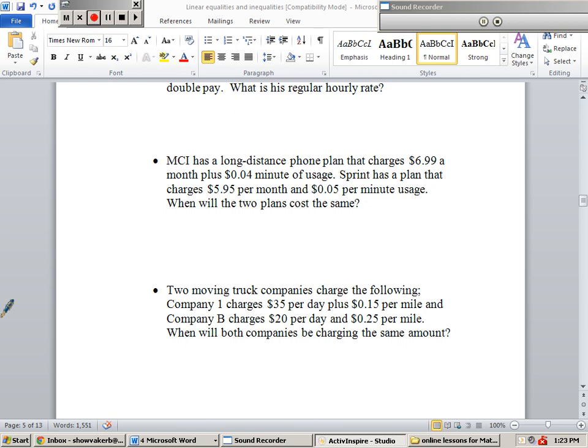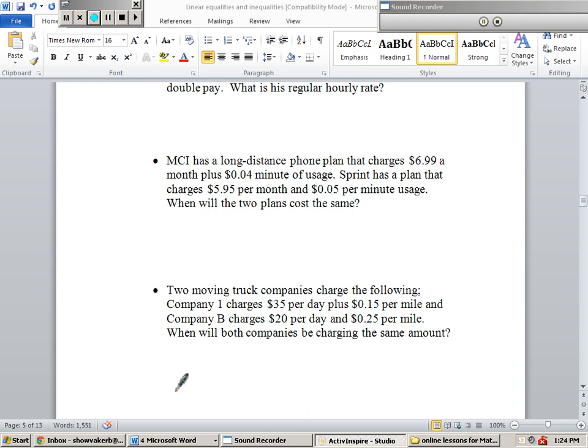Two moving truck companies charge the following. I have company 1 that charges $35 a day plus 15 cents per mile. And I have company 2 that charges $20 per day and 25 cents per mile. When will they be the same? Well, the first one costs $35 to start with and 15 cents per mile. The second one charges $20 per day and 0.25 per mile.